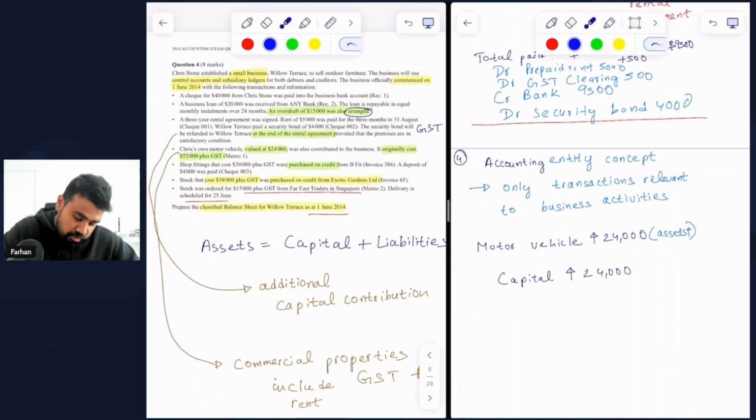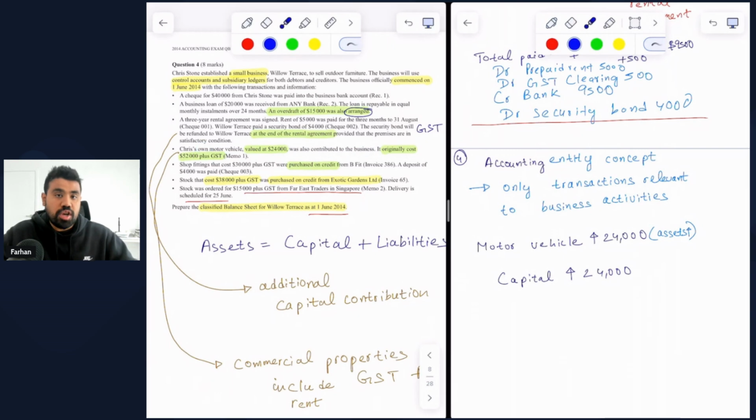to transaction number 4. Chris's own motor vehicle, valued at $24,000, was also contributed to the business. It originally cost $52,000 plus GST. All right. So the transaction explicitly mentions own motor vehicle. So this was for private use before.